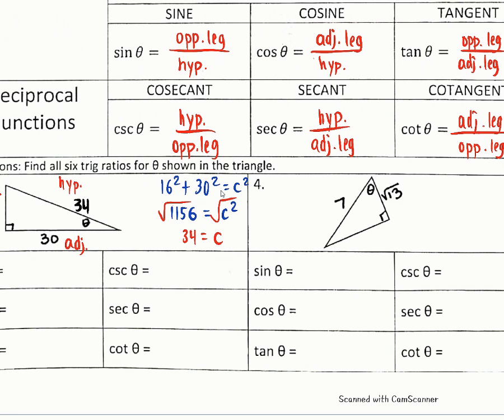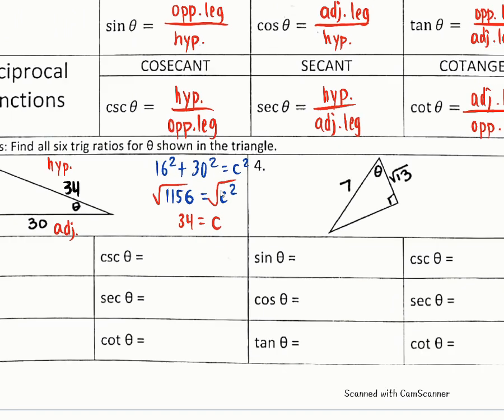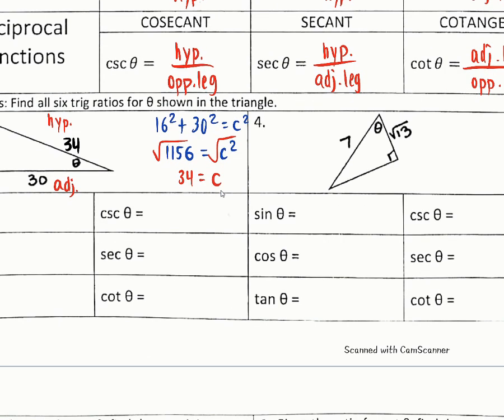Okay? So, SOH CAH TOA. Start with SOH. What's sine? What's the opposite over the hypotenuse? 16 over 34 it is. Now, will that reduce? Yep. If it will reduce, I like to reduce them. What is 16 over 34 reduced to? 8 over 17.